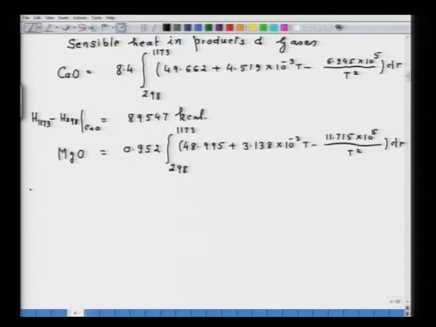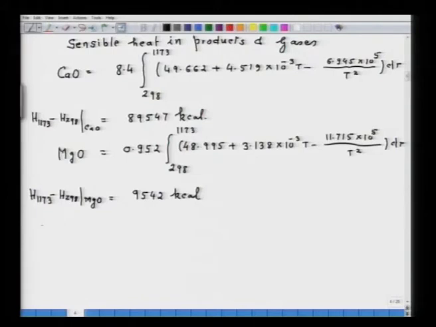So, I get now H 1173 minus H 298 for MgO, that will be equal to 9542 kilocalorie.